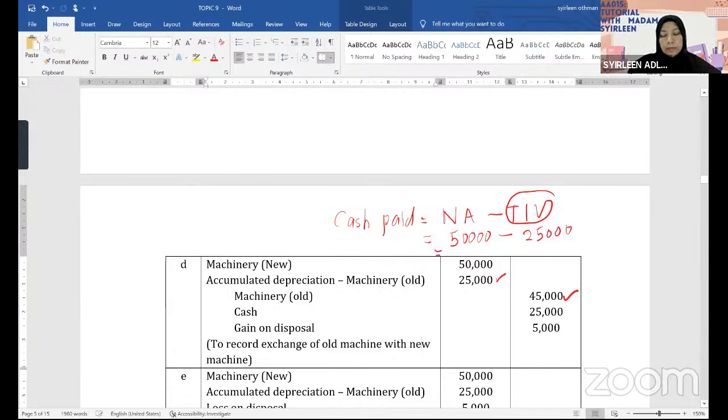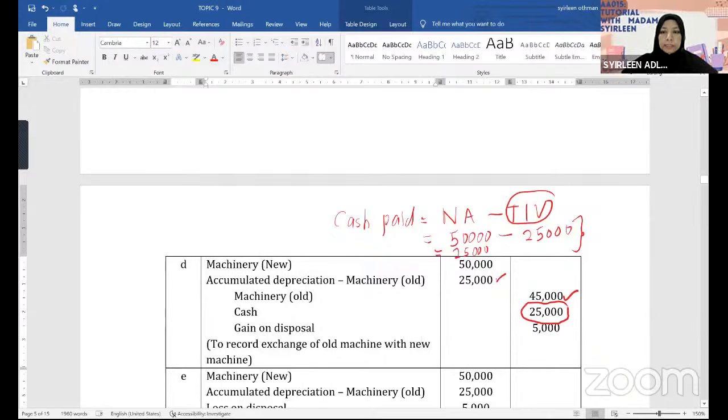That's how you came out with the amount of 25,000, which is actually your cash paid. Okay, so 25 ni kebetulan nilai dia sama tapi it is not taken directly from the question, actually you kena kira. Tapi kebetulan bila you tolak, you dapat nilai yang sama dengan trade-in value lah.